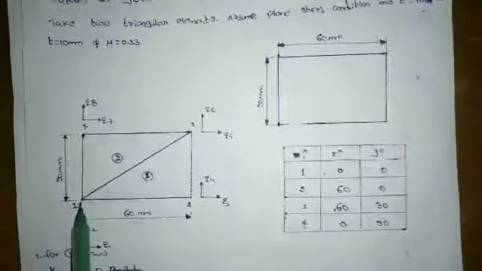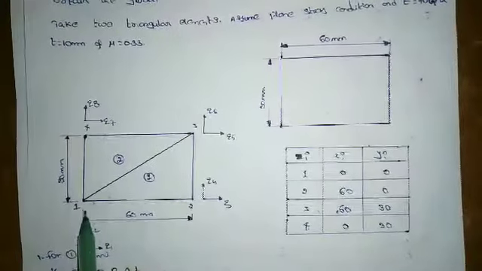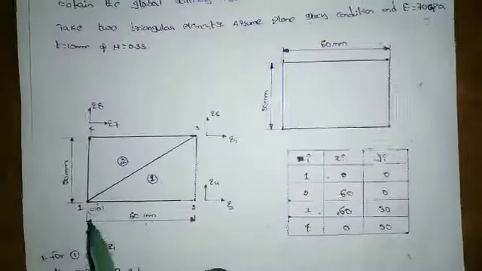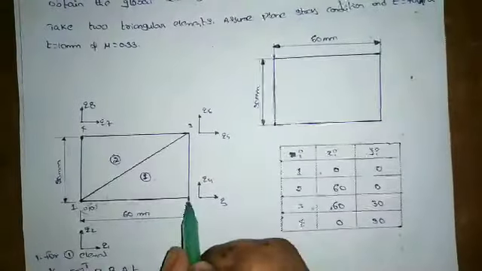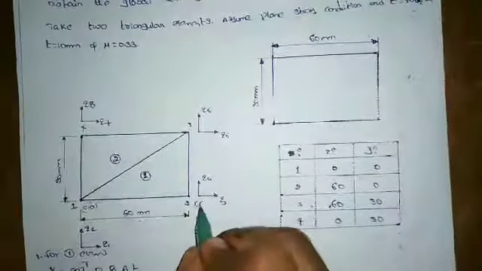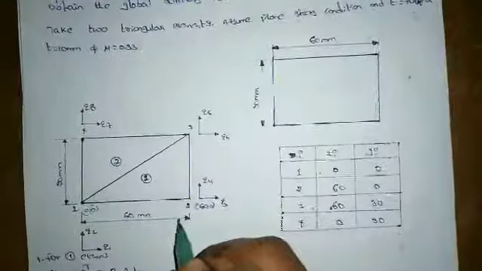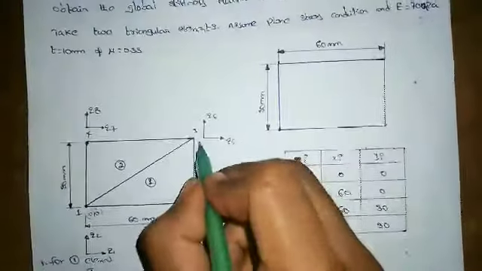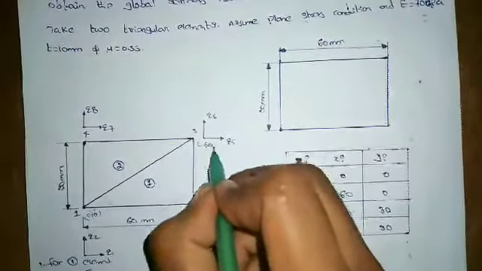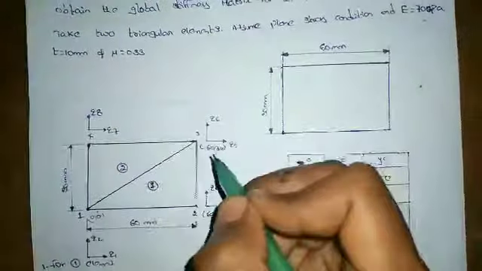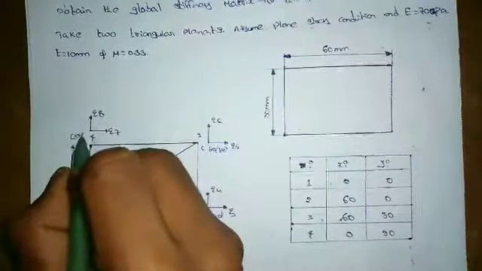Consider this as the origin, 0 comma 0. At node 2 the coordinates are 60 comma 0. At node 3 the coordinates are 60 comma 30. At node 4 the coordinates are 0 comma 30.